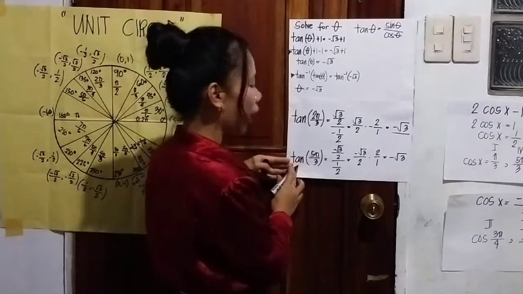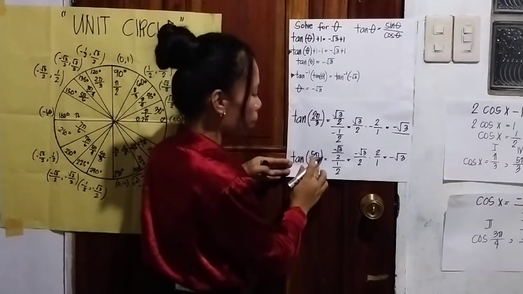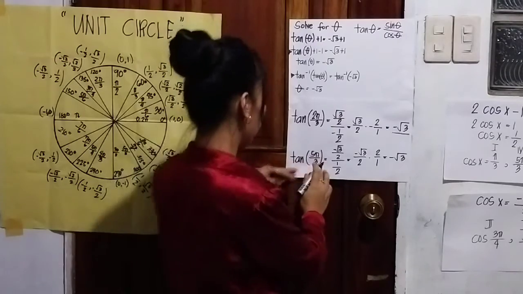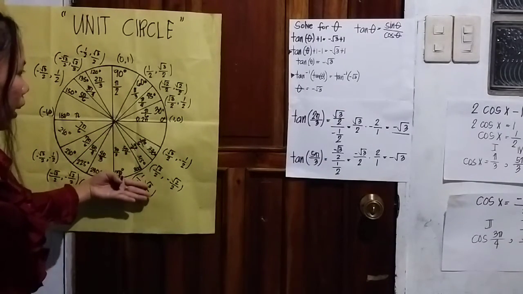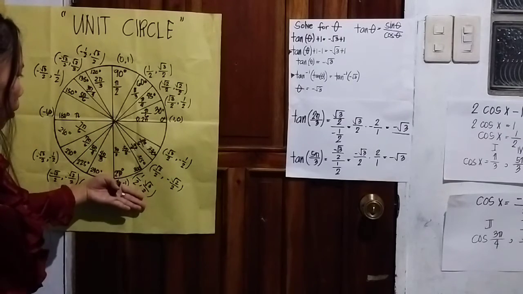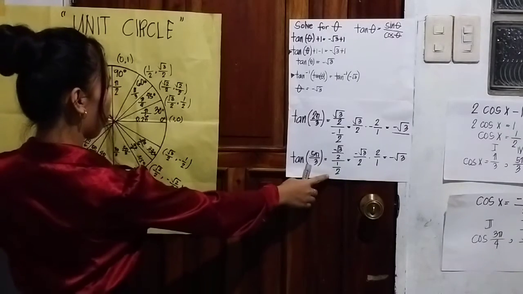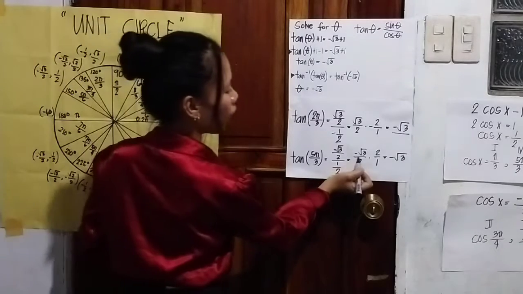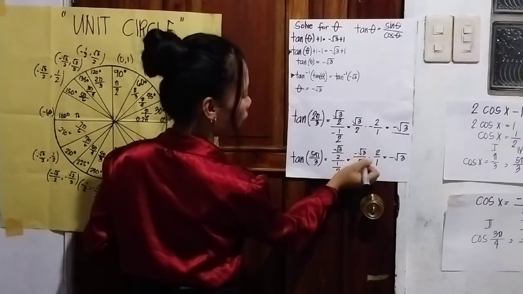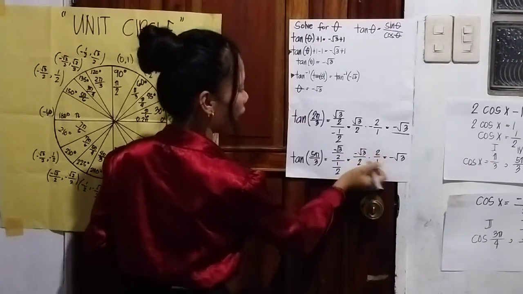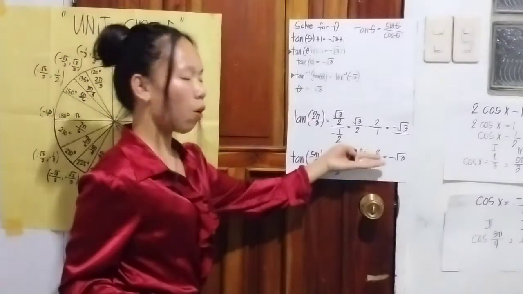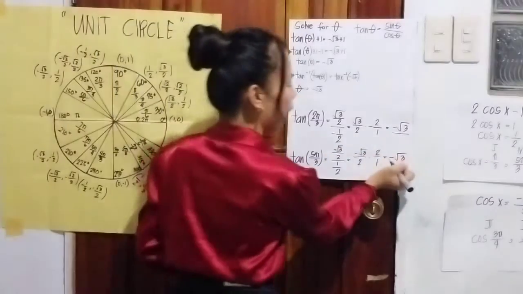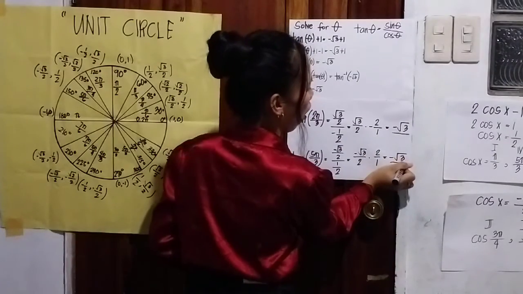Another, tan of 5/3 pi is equal to negative square root of 3 over 2 over 1/2, which is negative square root of 3 over 2 times 2 over 1, equal to negative square root of 3.